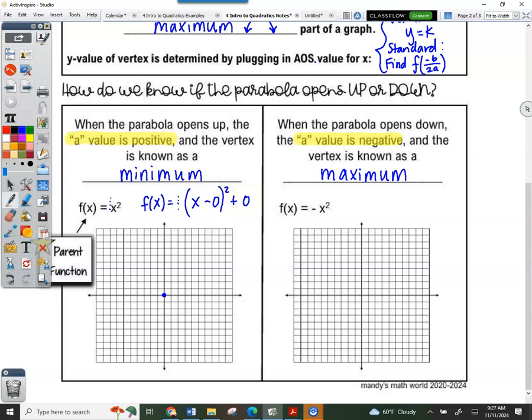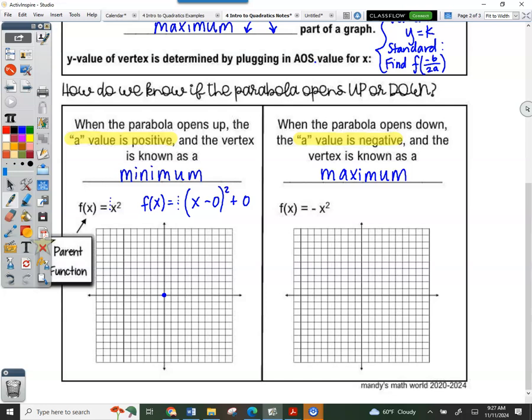Now write that. Looks kind of weird, doesn't it? What happens when you subtract 0? Nothing. Right? If you subtract 0, think about it.